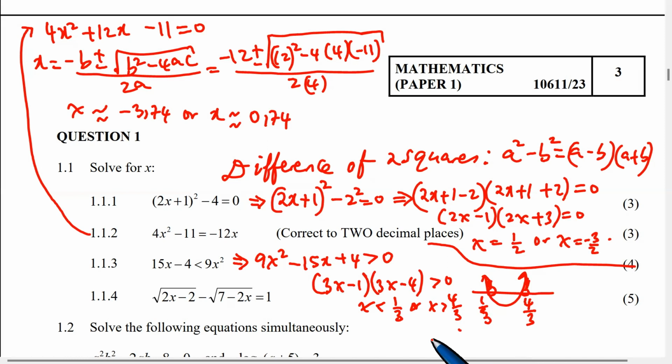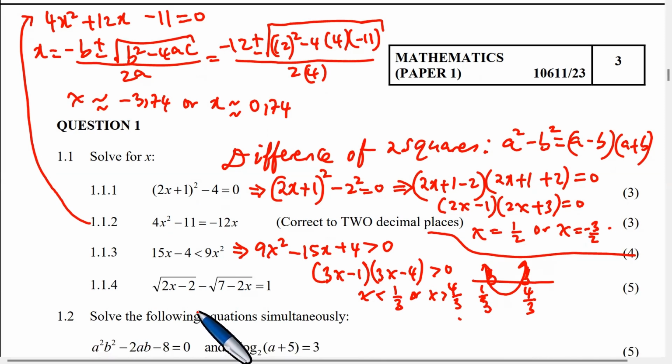Okay, so we have this solution. Next, we continue now. We look at 1.1.4. What is 1.1.4? 1.1.4 can be solved, and we solve this here.